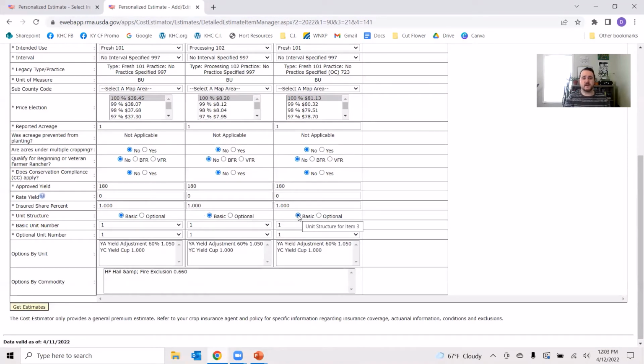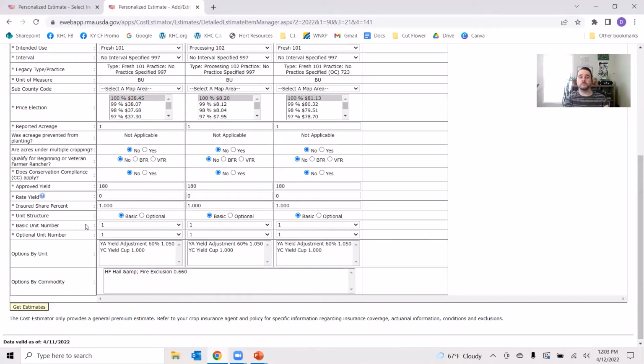So if I had half my field as irrigated and half non-irrigated, I would have 2 units. I could choose up to 3 units if maybe a corner of the field I had a lot of trouble with and I wanted that one insured a little differently, I could do that. For a basic unit number, we'll just leave it at 1 because it's only 1 grower.